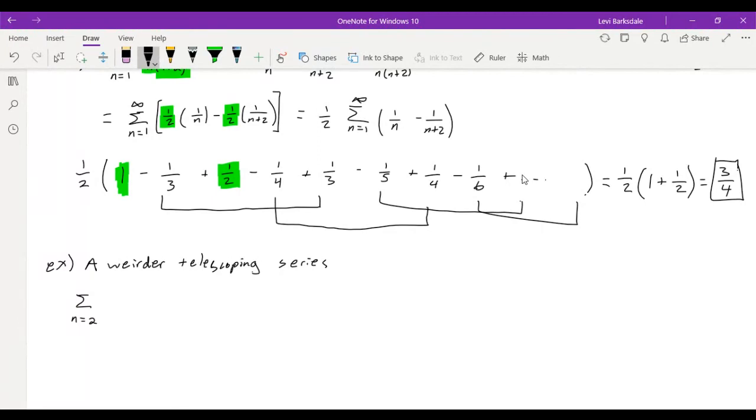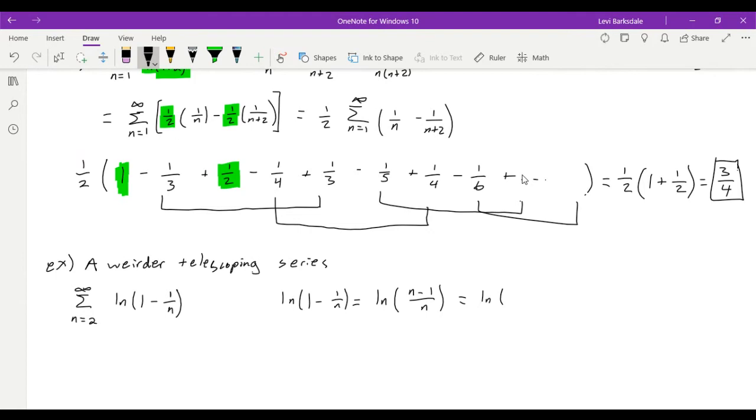Say we have the sum from n is equal to 2 up to infinity of the natural log of 1 minus 1 over n. Well, focusing on this natural log of 1 minus 1 over n, we can rewrite that by combining our two middle terms as the natural log of n minus 1 over n.